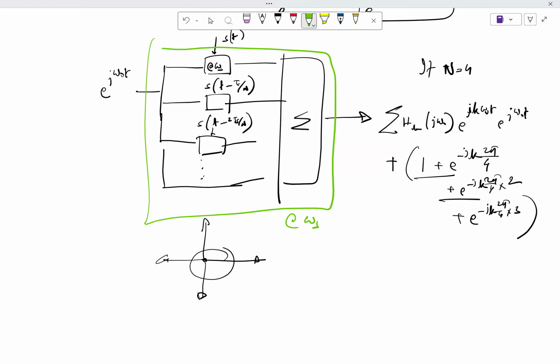Do you agree? So I can say that this is a new LPTV system varying at omega s. And in this new LPTV system, H0 is non-zero, H1 is 0, H2 is 0, H3 is 0, H4 is non-zero.